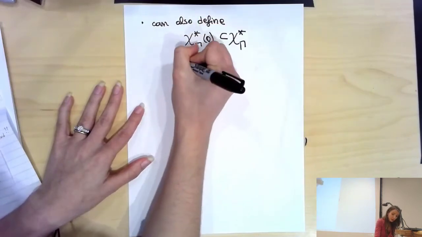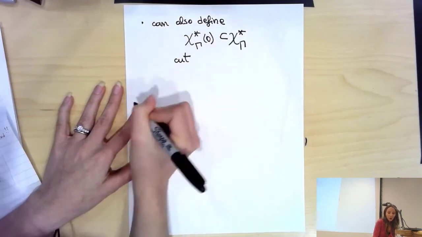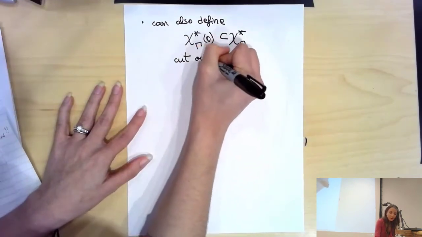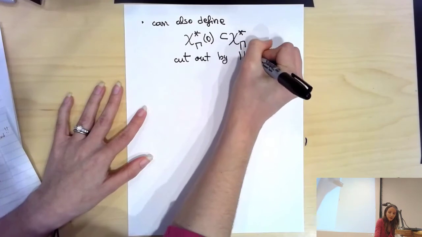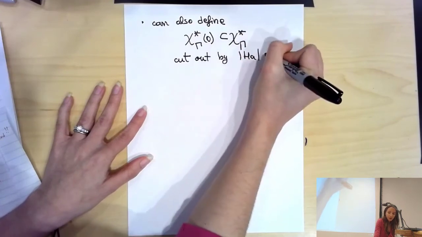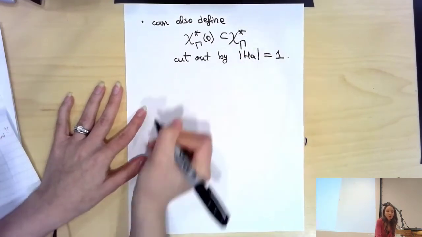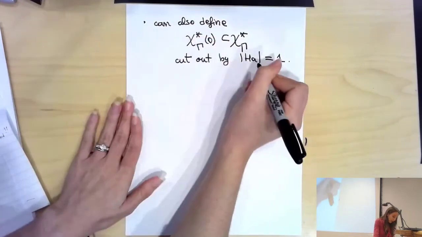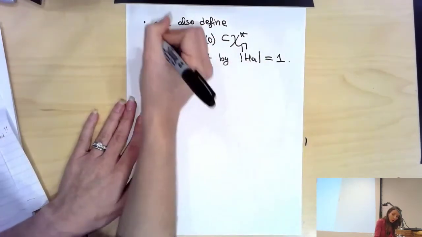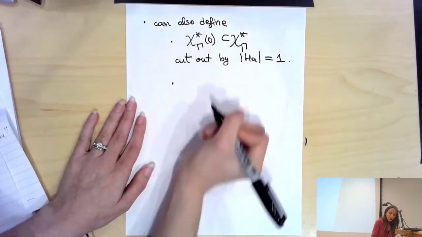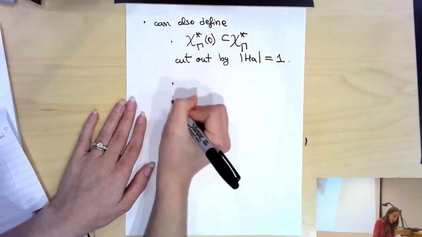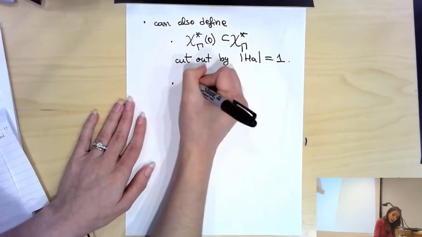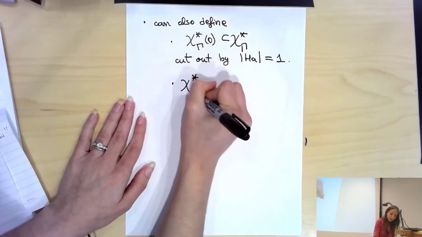That's just the open subspace cut out by Hasse invariant equal to 1. So this is going to be the ordinary locus as an adic space, just at level gamma. You can also define the ordinary locus at level gamma naught p, and you can define an anti-canonical part.